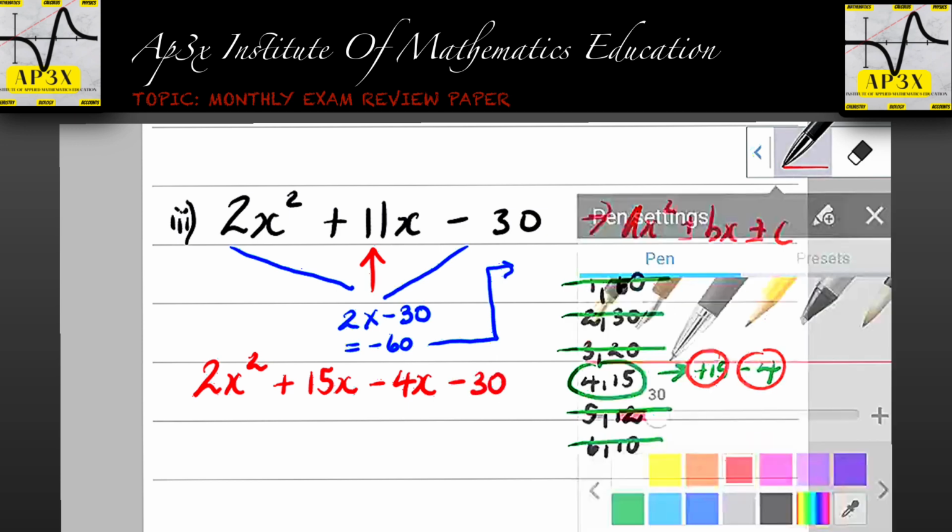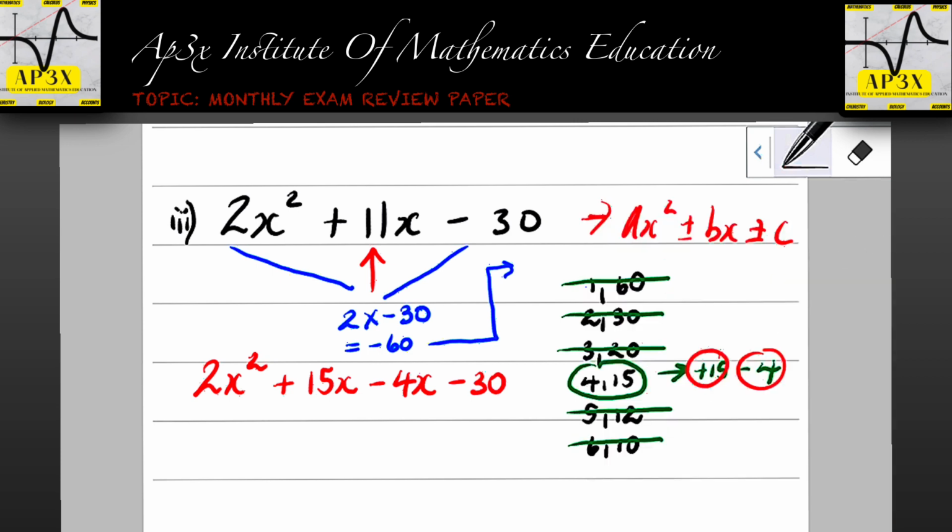Now, many of my students have asked, does it matter if I put the negative 4x in front of the 15x or the 15x before the 4x? You're always going to find a common factor once you group like terms.